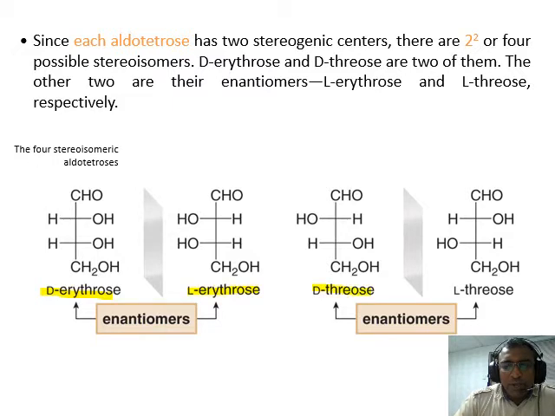So you have the difference because of the location of the OH, as you can see here. So there will be 4 enantiomers for this aldotetrose.